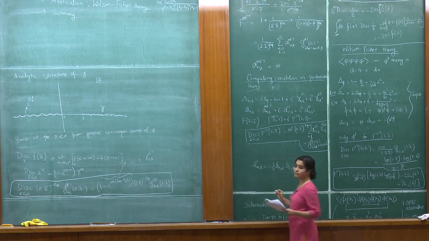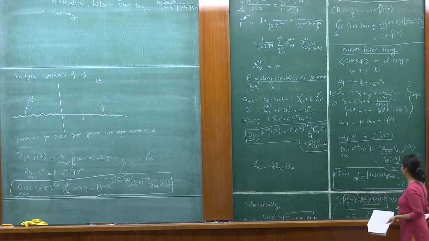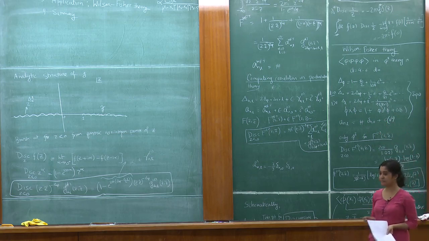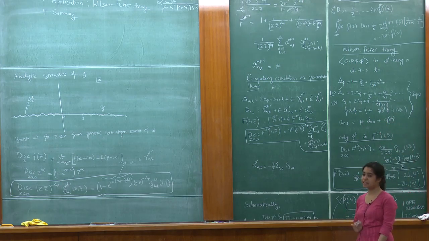So your input is that delta 0 is equal to that and delta L is equal to that, right? Yes, the anomalous dimensions are always input, whatever dimensions we are using. We cannot compute the dimensions.